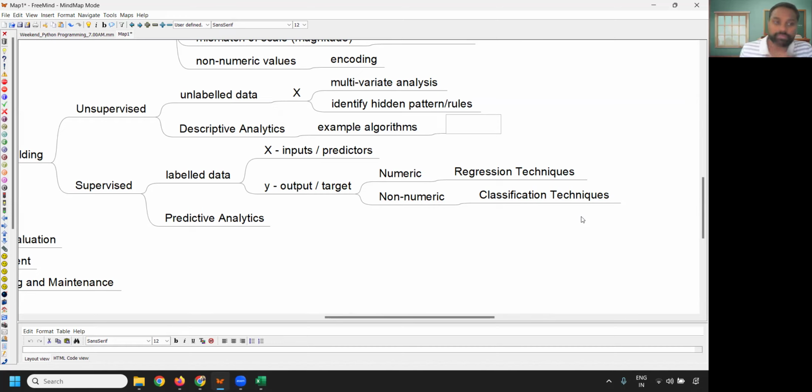Sambit, Anil, answer guys. Clustering. Very good. Yes. Clustering is there. Anything else?